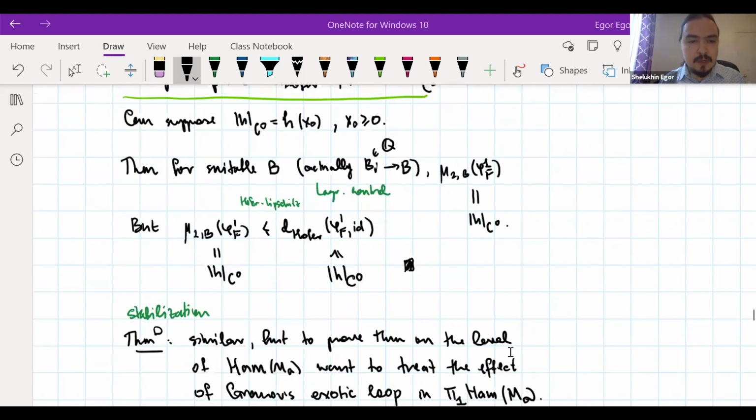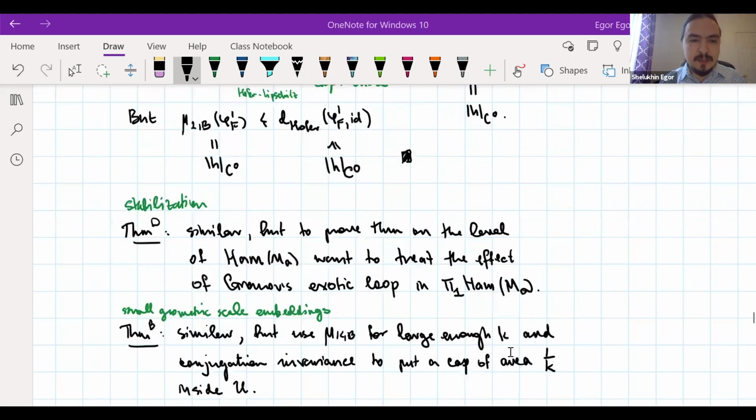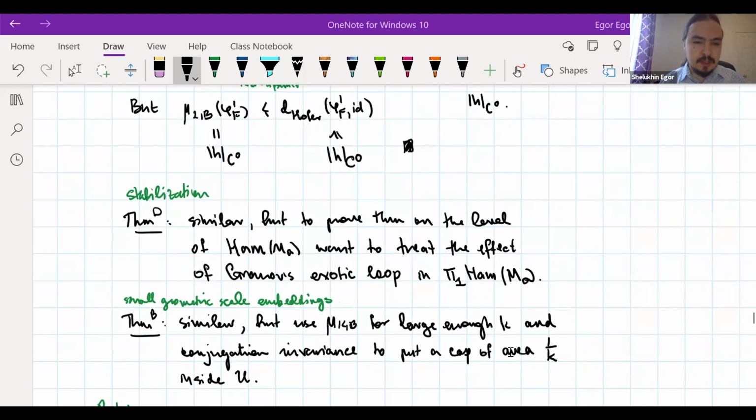And so now a little bit about the stabilization and small geometric scale embeddings. For stabilization, the proof is similar, but we have to prove the result on the level of Ham(M,ω), as opposed to the universal cover. We want to treat the effect of Gromov's exotic loop in pi1 Ham(M,ω).